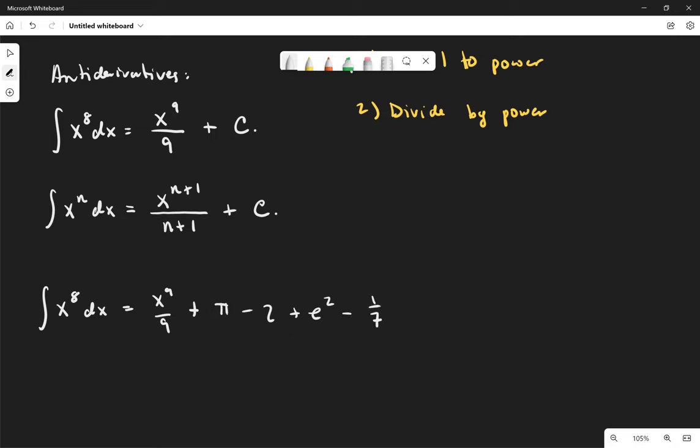And this function will also have a derivative of x to the 8th. Those functions are not any more correct than just x to the 9th over 9. So when you do an antiderivative, we add a plus c on the end of it to indicate that you can put a constant on the end and not change the answer. Any function that looks like this will have a derivative of x to the 8th.